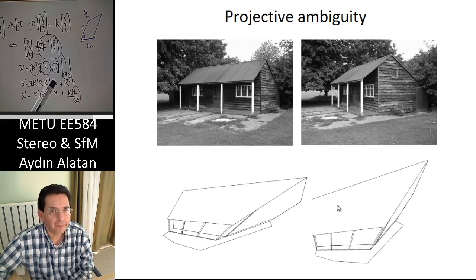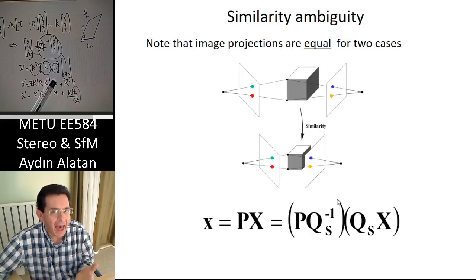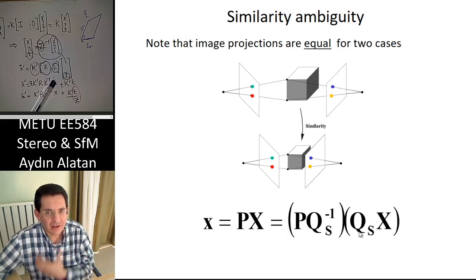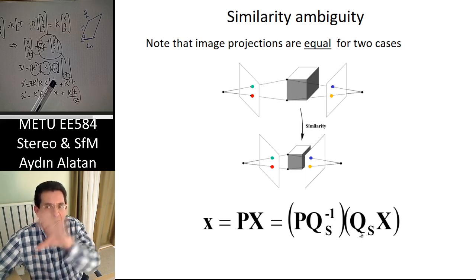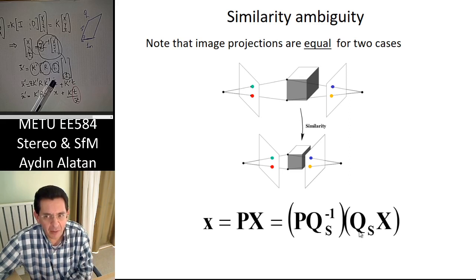Okay? If you have your Q, if you enforce it to be a similarity, a 4x4 transformation, but this time not 15 completely arbitrary numbers. We have some fixed rules for that. There is a rotation matrix inside. I'm going to explain in the next slide.